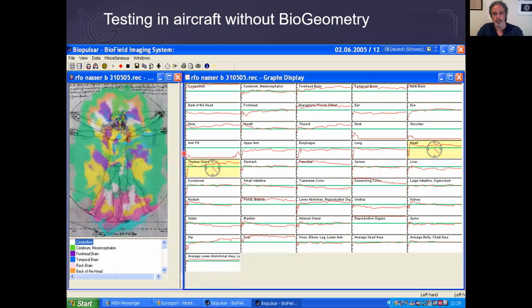We'll talk about that subject. And finally, this is one of the pieces of equipment used in biogeometry to measure, sometimes at the biogeometry office. I mean, I don't have it, we don't have it, but Dr. Karim uses it to measure. It's called the biopulsar biofield imaging system, and it can measure the different organs, the different parts of the body, the energetic profile, how it's being affected without the biogeometry, with the biogeometry.